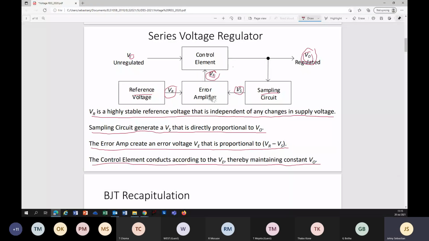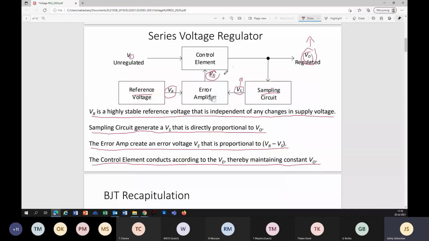Now, what happens if V0 is trying to increase? I'm putting an up arrow indicating V0 somehow tries to increase. Your V sample is going to increase. What happens to VE?